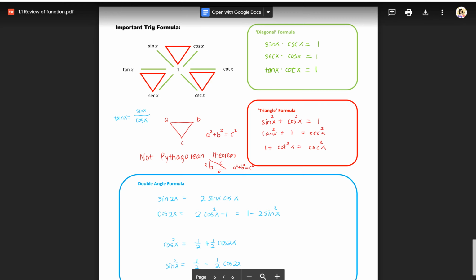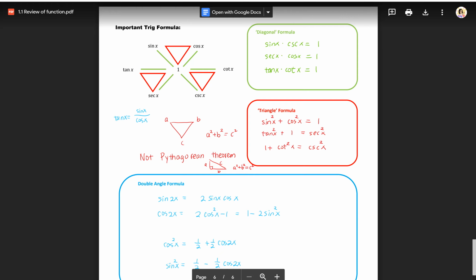Let's look at this diagonal. We have sine times cosecant equals 1. Then the second diagonal, from the right upper corner to the left lower corner, we have cosine x times secant x equals 1. And for the horizontal diagonal, we have tangent times cotangent equals 1.